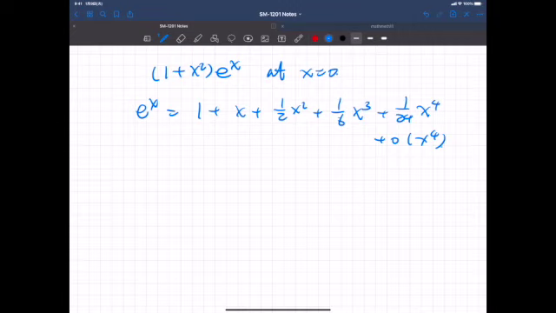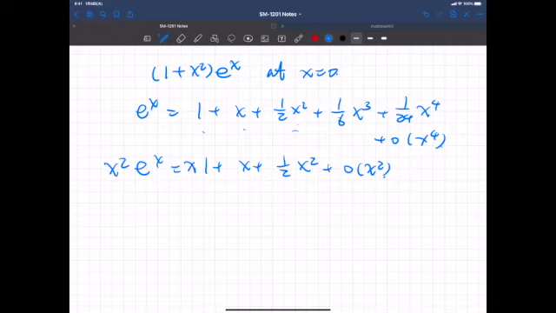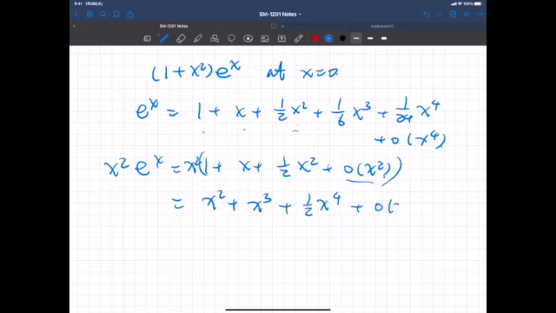And the last term will be little o(x^4).